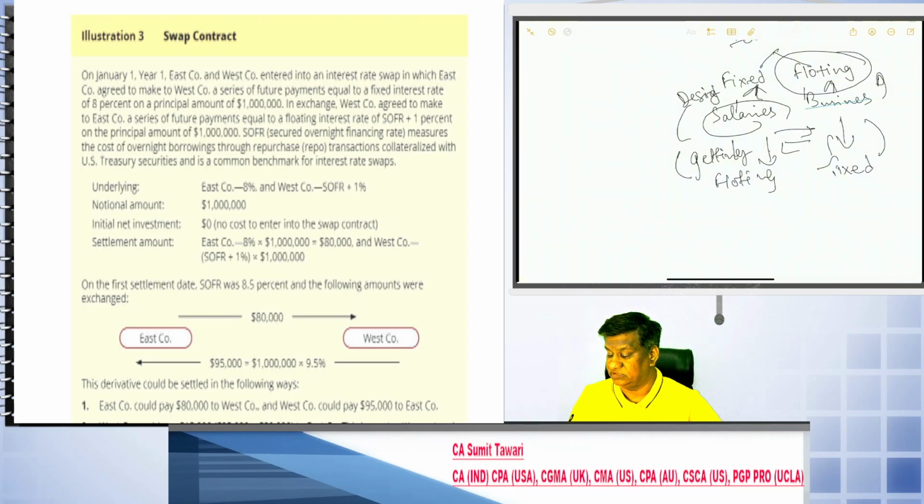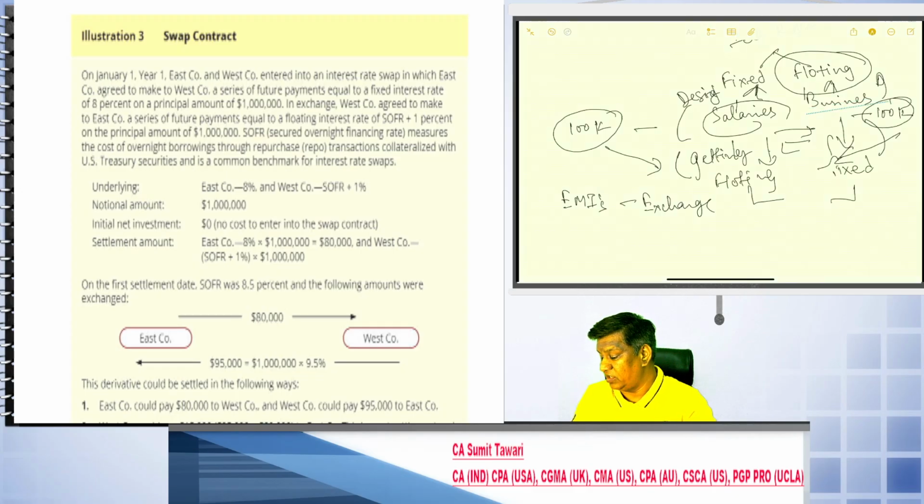Say the salaried person took a loan of 100,000, and the businessman also took a loan of 100,000. What they are going to do is exchange whatever the EMIs are. They keep the loan amount as it is, but the EMI obligation gets exchanged.